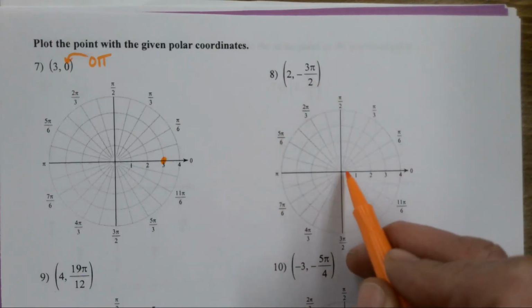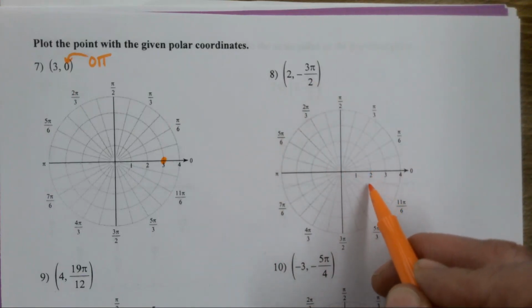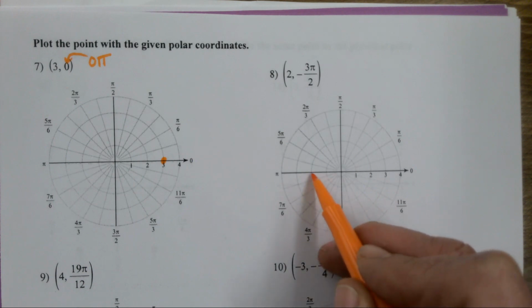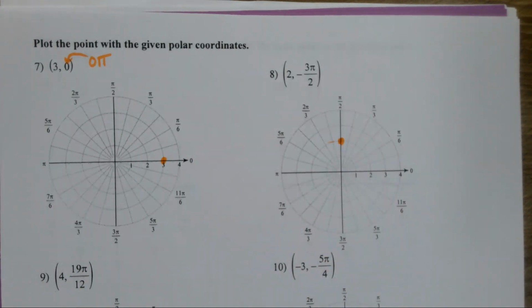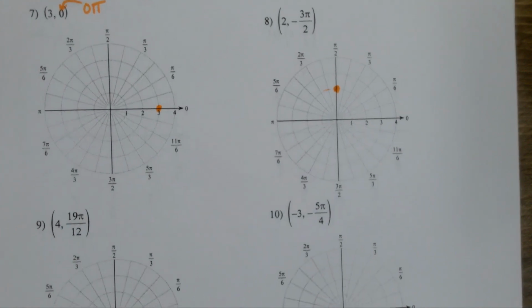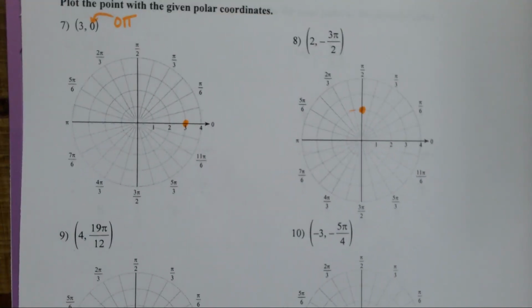So I'm going to move right 2, and then I'm going to move backwards half pi, a whole pi, 1.5 pi. And there's my coordinate. I don't even have to know the family to know how far I move. I just have to know the quadrant in which I land.